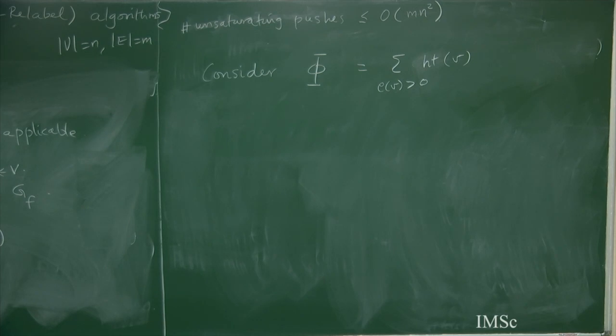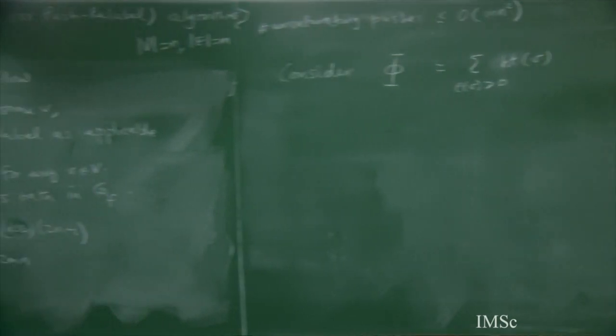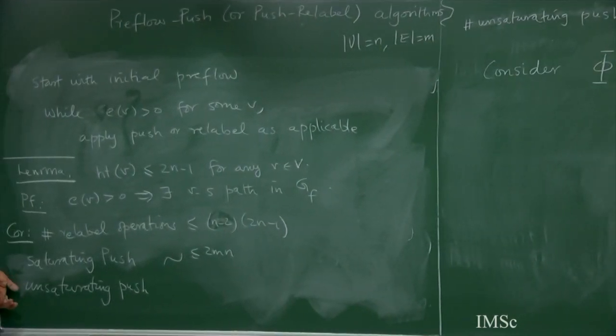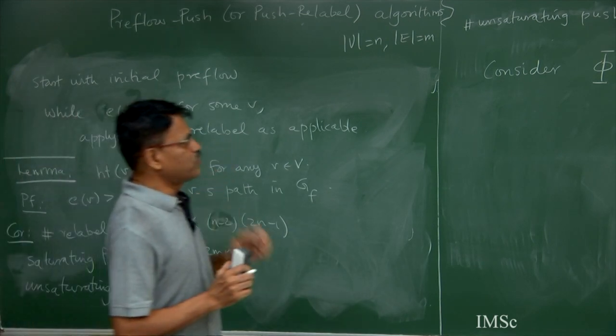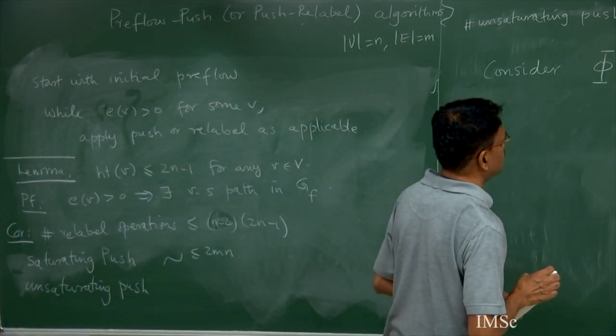What is the good thing about an unsaturating push? Excess of a vertex at a larger height becomes 0, because you always push to a vertex at a lower height. Excess of some other vertex may increase, so you can't just say that's progress, but the real progress is that the excess of a vertex at a larger height becomes 0. That's what I'm going to take advantage of.